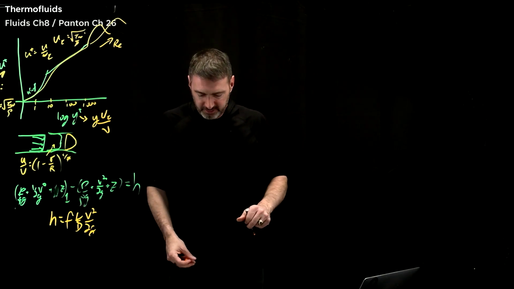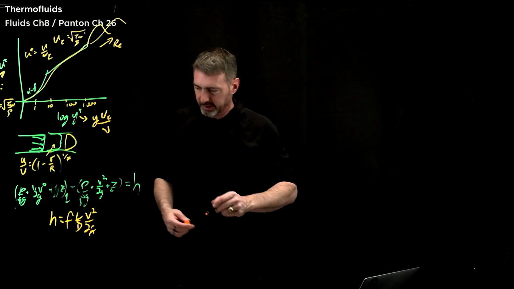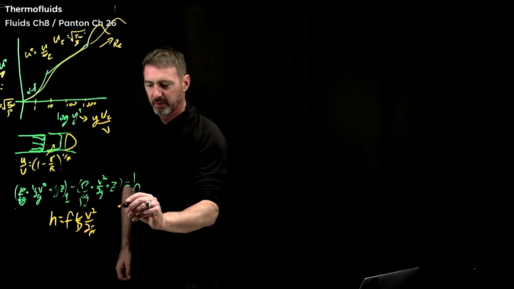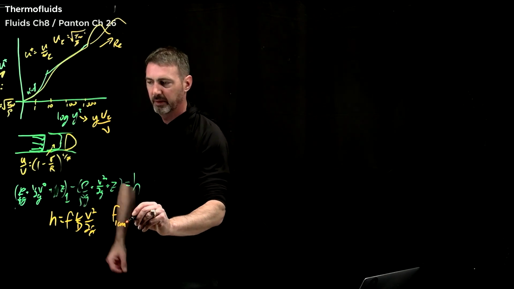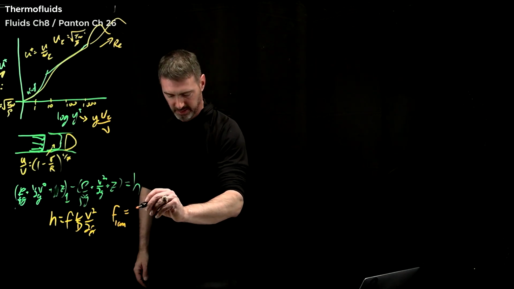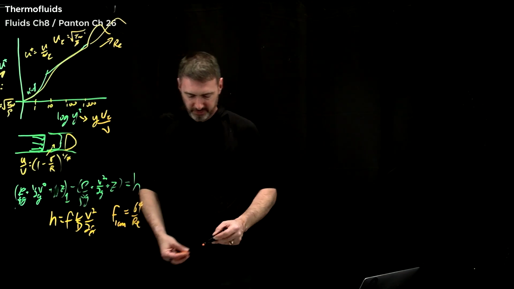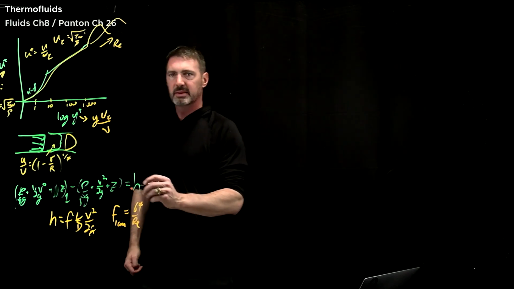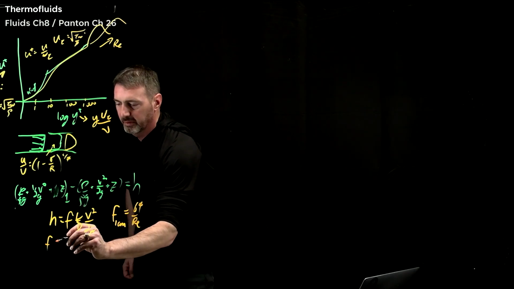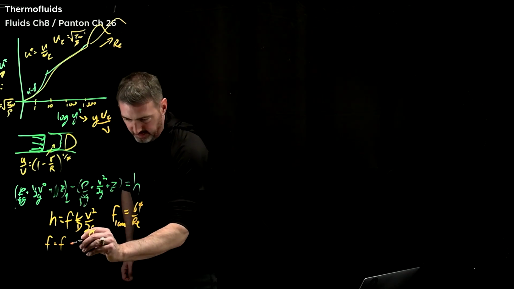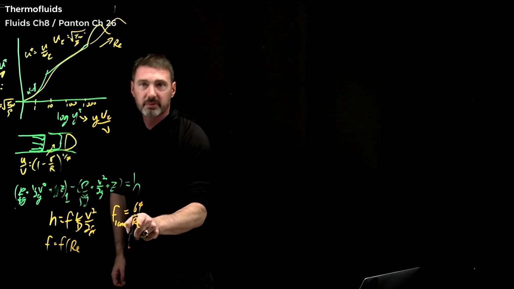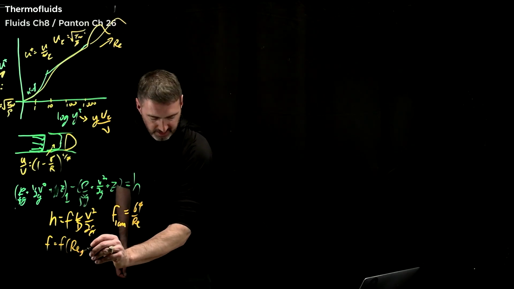But this friction factor, we can actually solve for it for laminar flow. So f laminar, because laminar flow is just a parabola, is 64 over the Reynolds number. Okay, that's pretty easy. But otherwise, this friction factor is a function of the Reynolds number in general, which you see here with laminar flow, and the roughness.